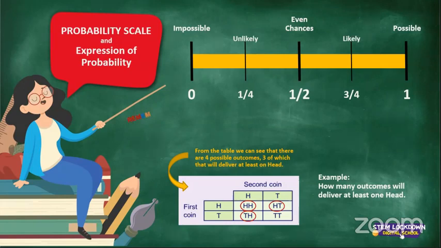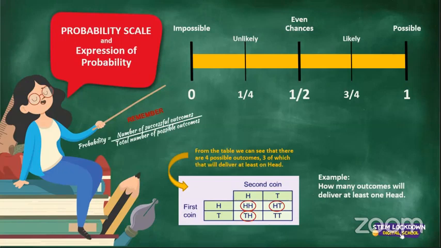Okay, so what I want you guys to remember is our formula. Probability is the number of successful outcomes, so in this case, 3, over the total number of possible outcomes, which are 4.